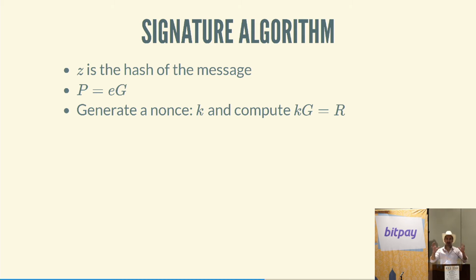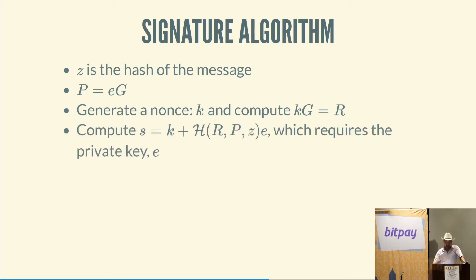It has a very specific way to generate the nonce, but you generate some sort of nonce, number used only once, and you compute the resulting point from K, and you get R. And you compute S based on this formula: K plus the hash of the committed result, the committed pubkey, the committed hash of the message, times the secret, and that definitely requires the private key. The signature again is the pair, the resulting point R, and S.